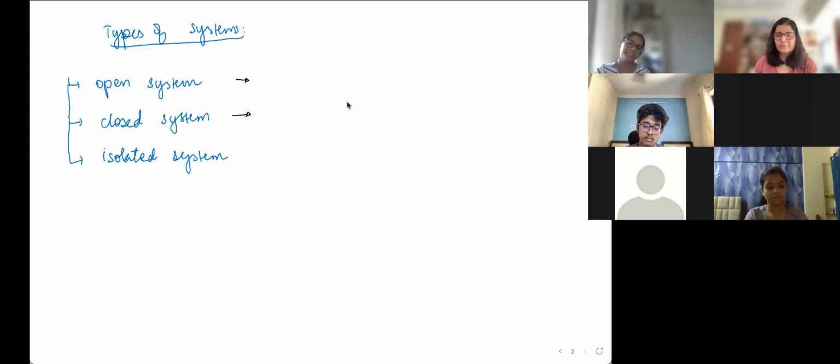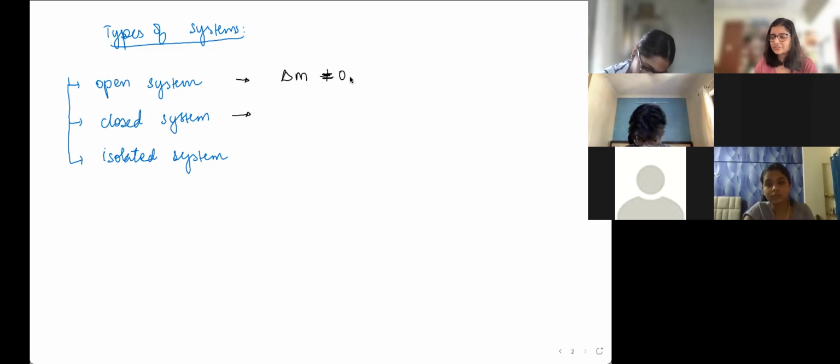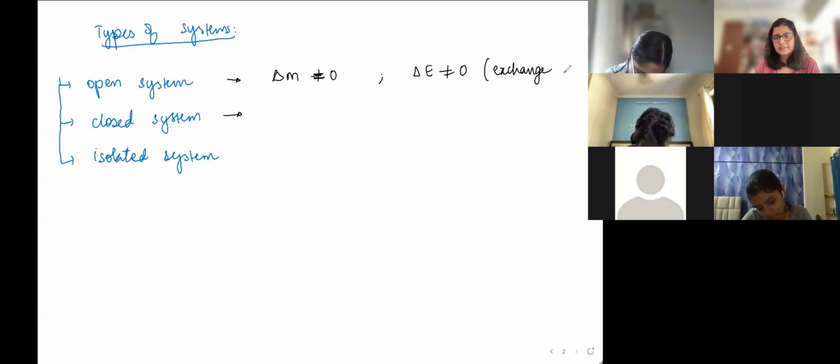So for an open system, delta M is not equal to 0. There is change in the mass of the substances, like matter can be exchanged. And delta E is also not equal to 0. Heat can also be exchanged. So you can write that an open system can exchange matter and energy.